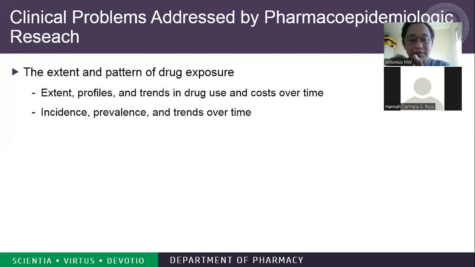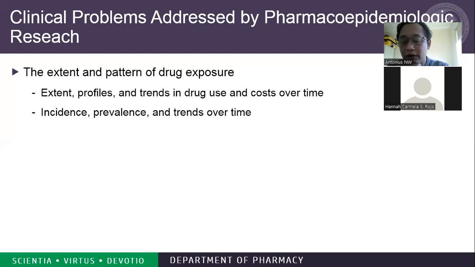And then there are the incidence, prevalence, and trends over time, even within the same drug class. For example, with statins, the prevalence of use of different types of statins differs over time. We can also try to find differences between one region and other regions.